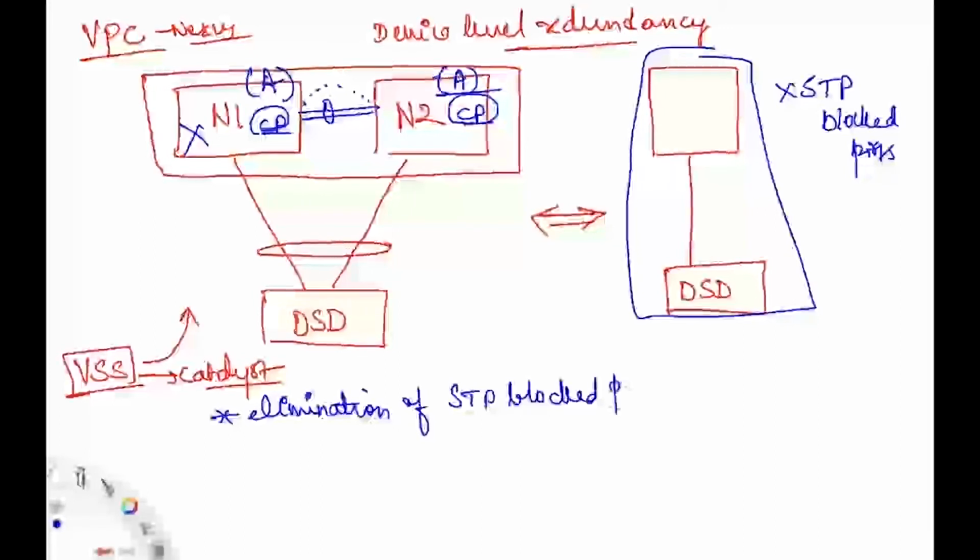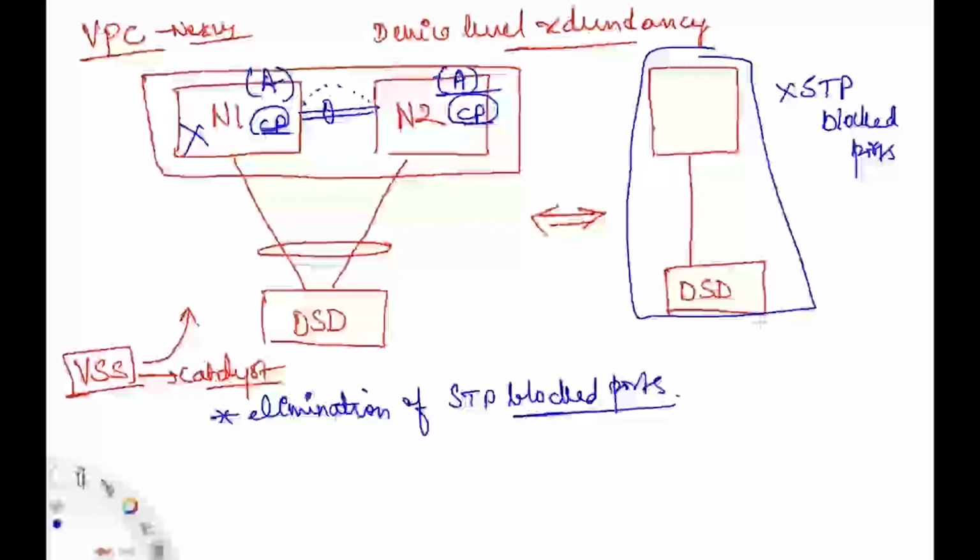This again raises a question, is STP running in VPC? And this is an interview question, trust me. Is STP running in VPC? STP is definitely running in VPC, but it is in the back end, maybe for any failures. If in case your VPC goes down for some XYZ reason, there should be a mechanism that is going to help you with respect to the loops.